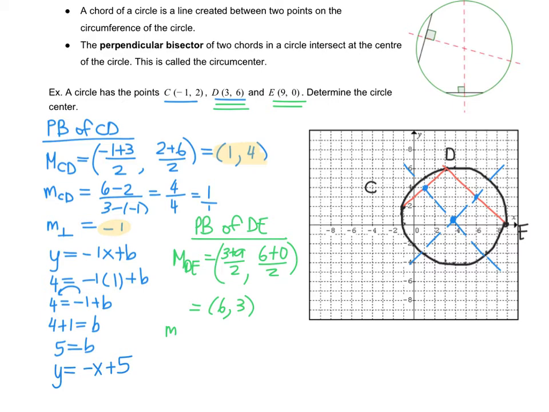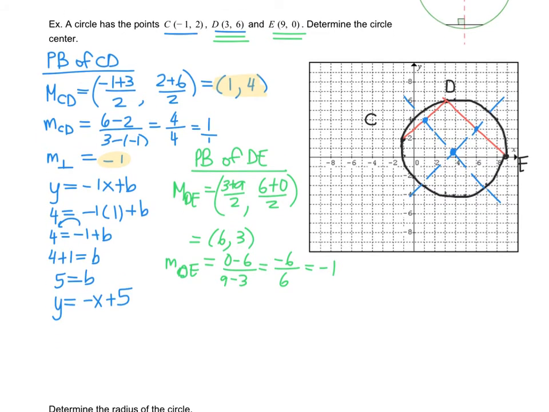Now let's find the slope of DE. So y2 minus y1 over x2 minus x1, clean this up and we get negative 6 over 6, which is negative 1. So when I take the negative reciprocal to get my perpendicular slope, I'm going to have positive 1.